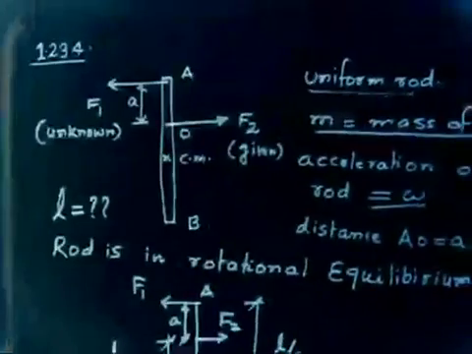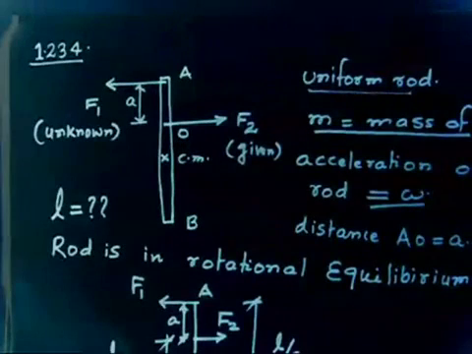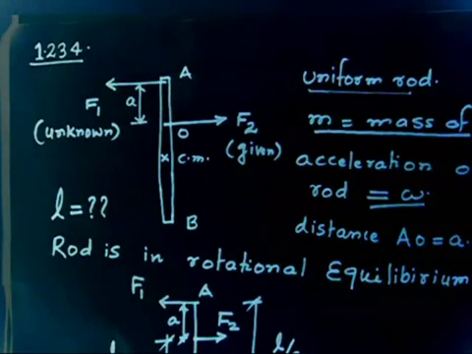So now you see in this case, length seems to be a known thing, but in this case I can find length also, F1 also. So even if I apply different forces, and if the rotation of the rod is 0, I can calculate L. I can calculate F1. What is the force F1 that I should apply? So we can calculate L and F1. Okay, we'll go for the next problem.